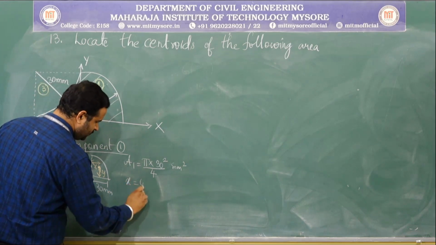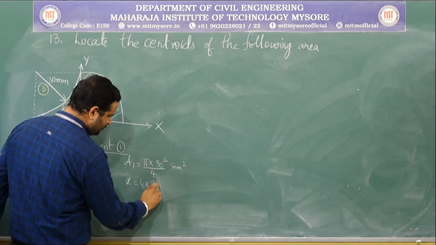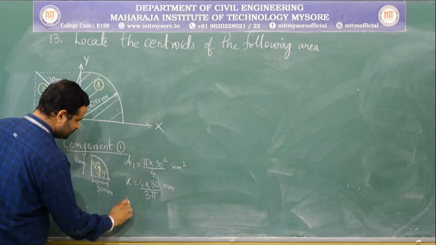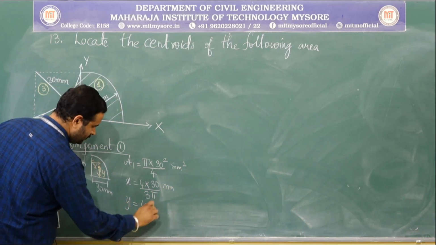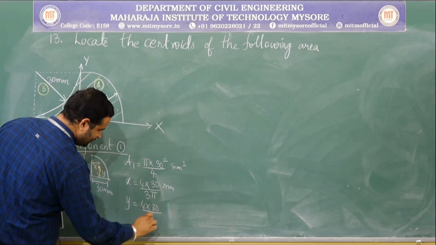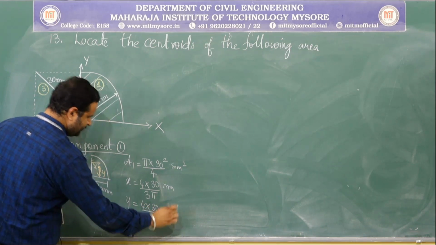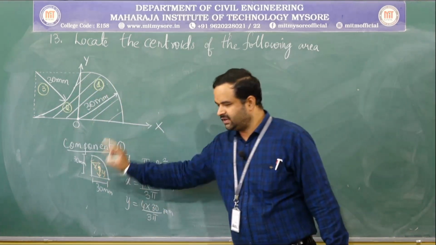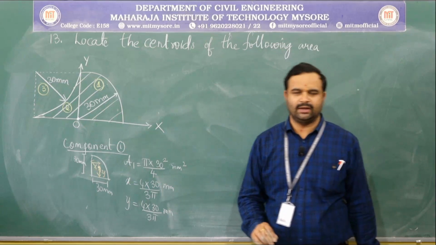So, x is equal to 4 into 30 by 3 pi mm, and also its y is equal to 4 into 30 by 3 pi mm. This is the x and y components of the individual component, that is component 1.